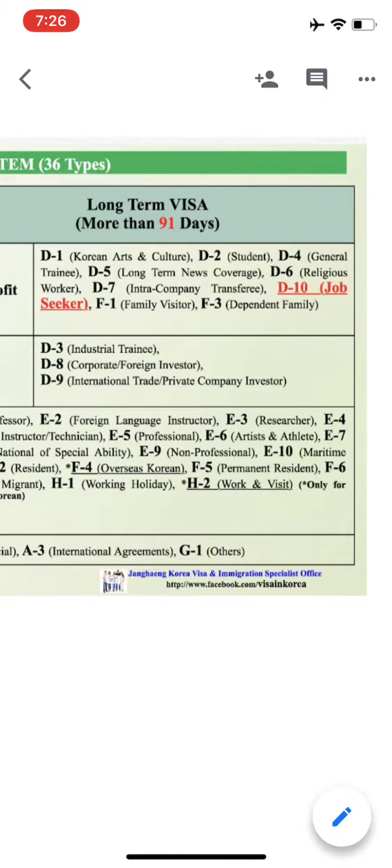So F1 is usually the spouse or children of F2 visa holders, so family visitors, and F3 dependent family. So for E1 to E7 visa holders, and D9 and D8 visa holders, spouse and children may get an F3 visa.